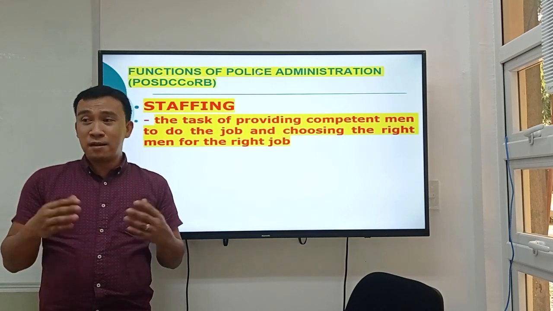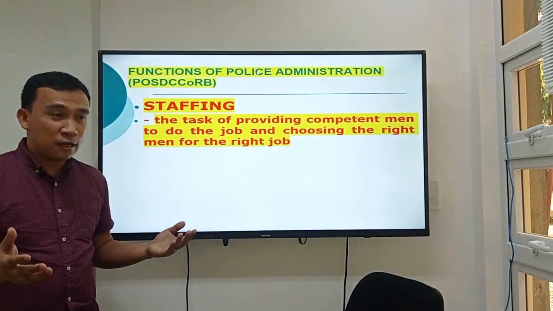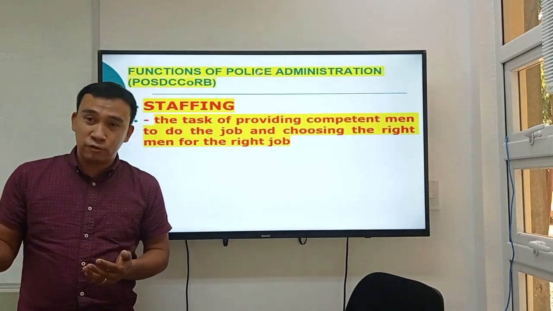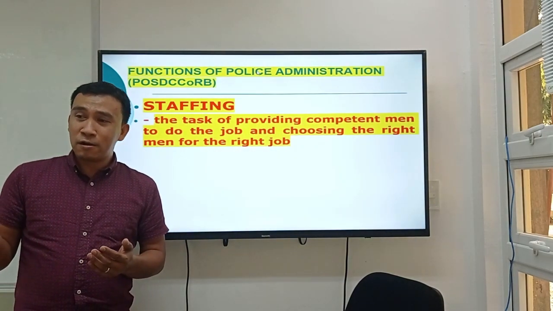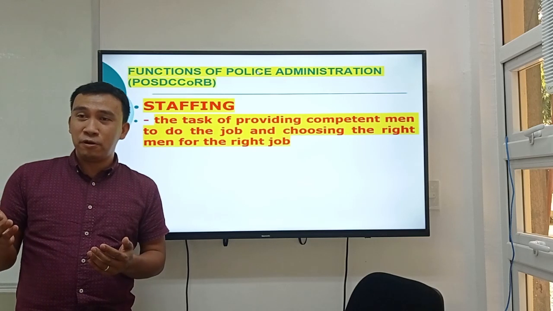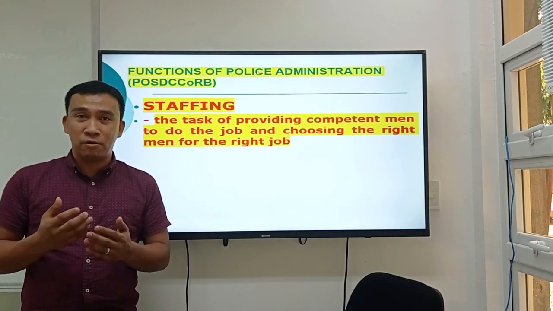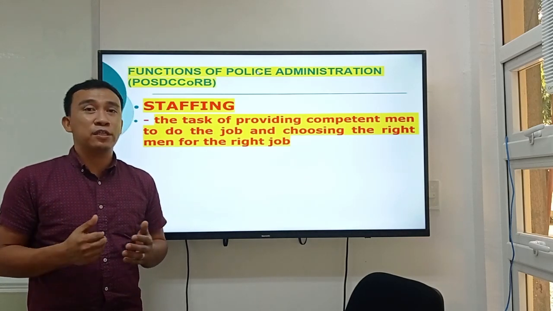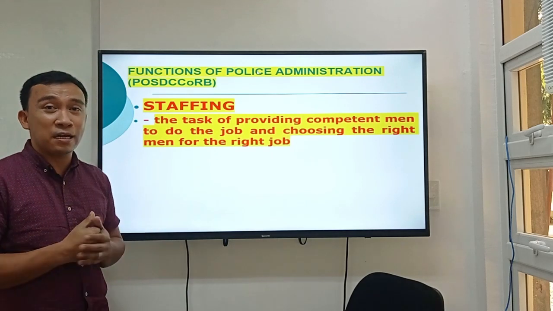Why? Dahil ang mga nagwo-work doon, nakaluklok doon ay compatible or they are eligible in handling that position. So yan yung ginagawa ng staffing.